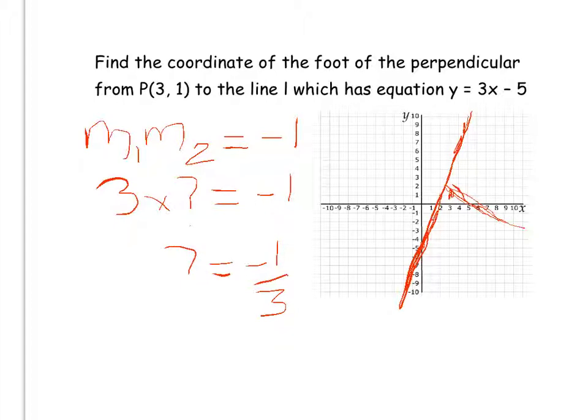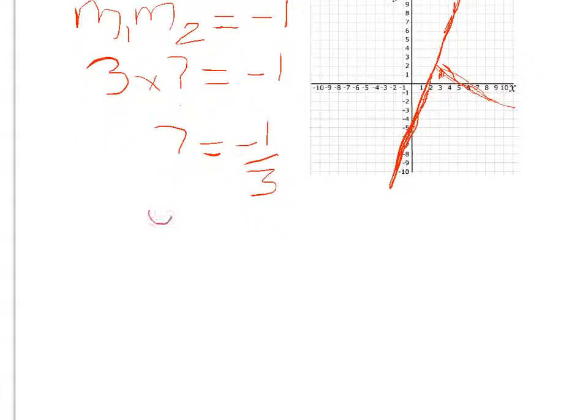So in the equation y equals mx plus c, we now know what the gradient is. It is minus a third x. And we don't know what the constant value is yet. That's what we want to find. But we know that this passes through the point (3, 1).